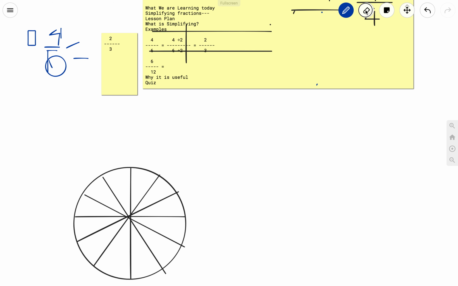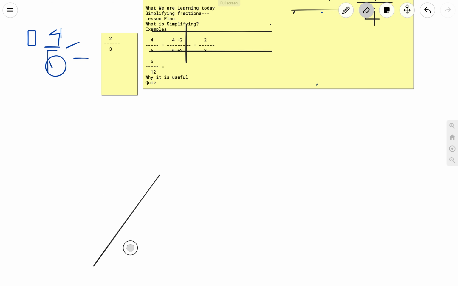Now, quiz time. Yay. Okay. First question. Why should we simplify? If you think that you know the answer, I will check with you now. This is because of 2 reasons.